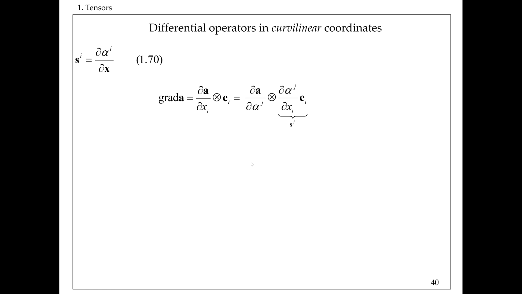Now we also can look at the right hand side here, on the very right part, and you can notice that this is nothing but our definition of the contravariant or dual basis vector, in this notation s^j, because we have j here.